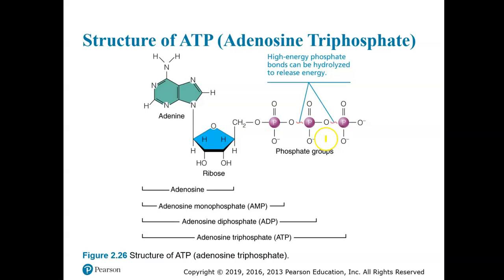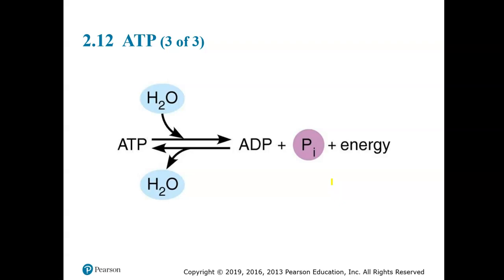When the bond to one of these phosphate groups is broken and it's released, that's when you get energy from ATP. ATP is the molecule that our cells use for energy, and our cells can get that energy as soon as the bond between one of those phosphate groups is broken. So when ATP is broken down into ADP, adenosine diphosphate, it gives off an inorganic phosphate group.